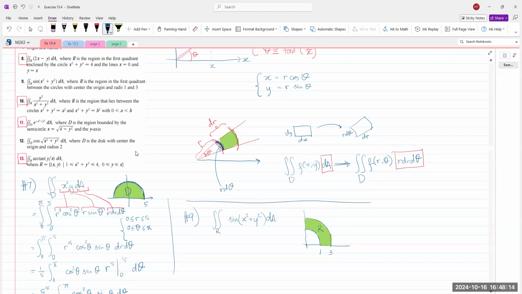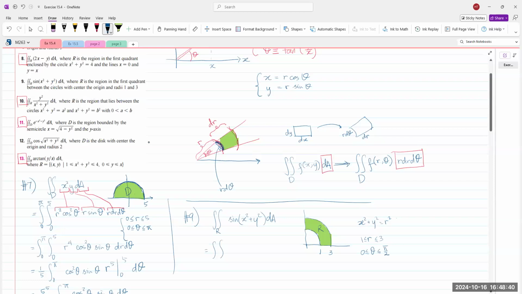Now we go back to that substitution. Well, x squared plus y squared equals r squared, right? So this becomes a double integral. The radius will be from 1 to 3, and the theta will be from 0 to pi over 2, 90 degrees.